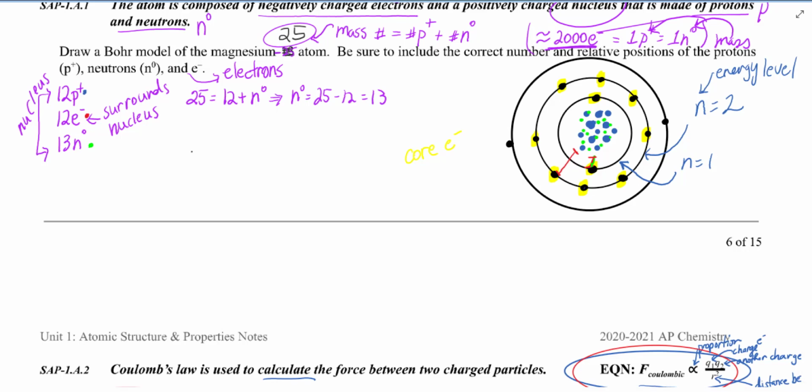So these are core electrons that are yellow, and we'll denote the outer shell electrons as green, or valence electrons. And your core electrons are right there, and right there.